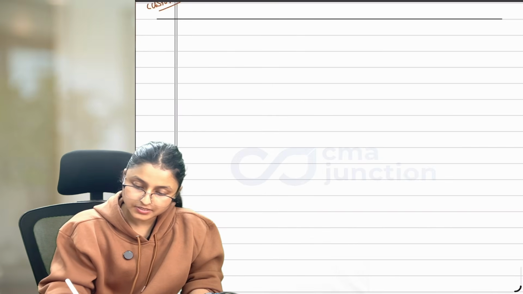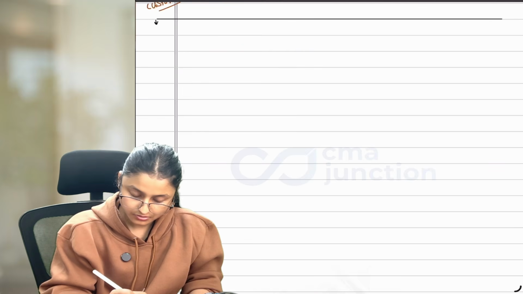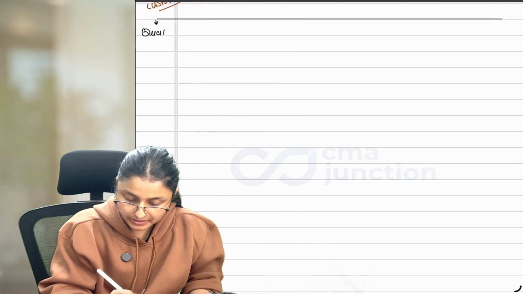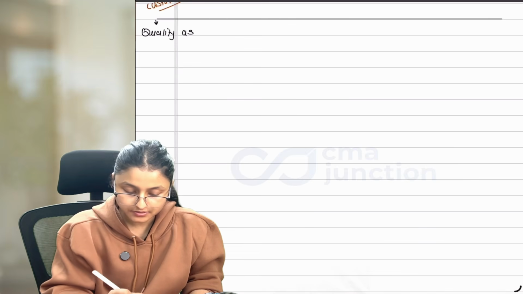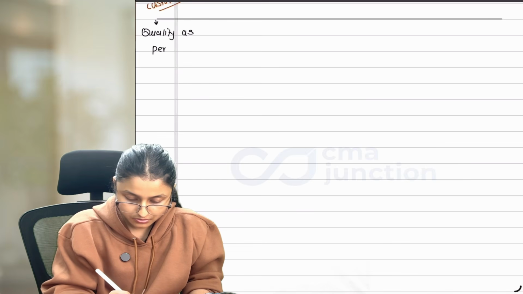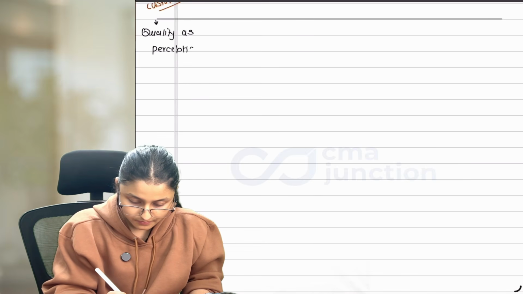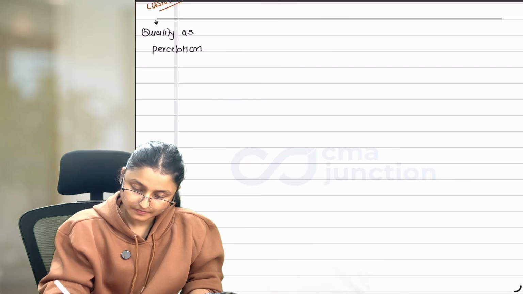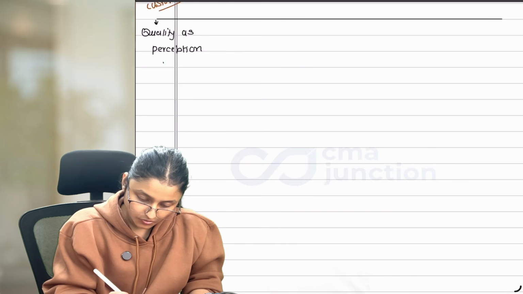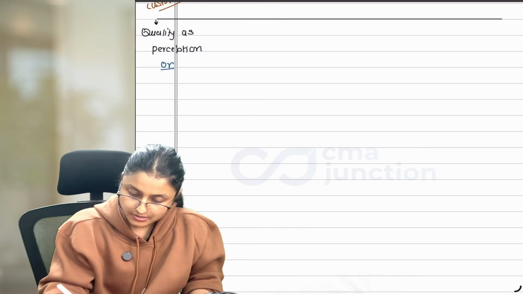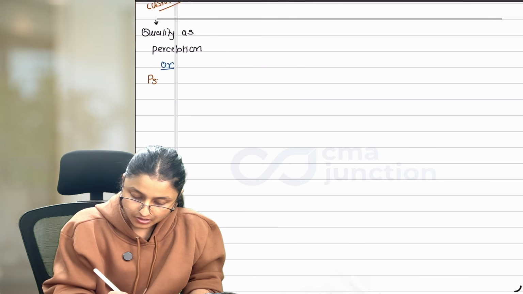First is quality as perception. Here, the customer feels that the product is a quality product even if it is providing the same function. Or we can say it is a psychological criterion.